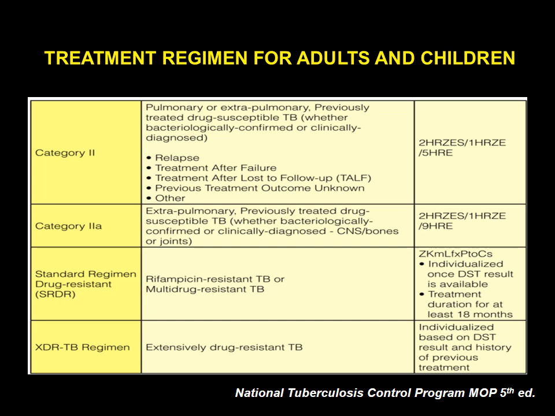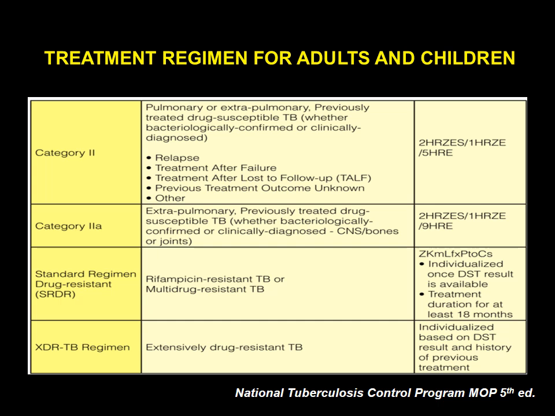Standard regimen for drug resistance, like rifampicin-resistant TB, or multi-drug resistant TB, meaning resistant to both isoniazid and rifampicin. Treatment includes pyrazinamide, kanamycin, levofloxacin, prothionamide, and cycloserine for at least 18 months.